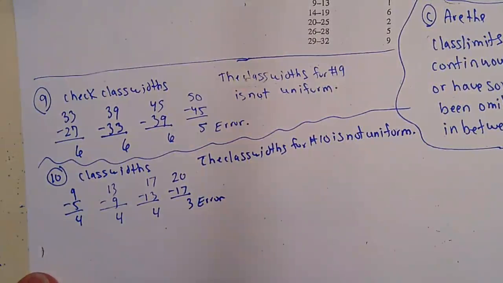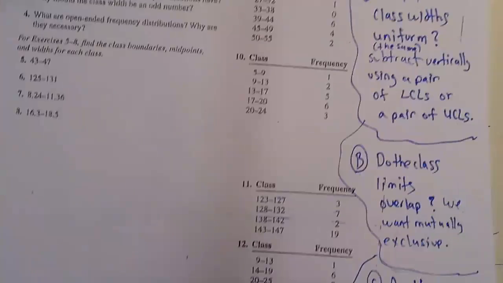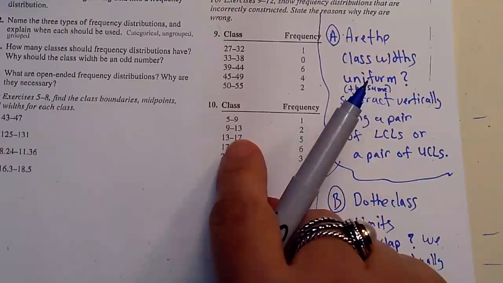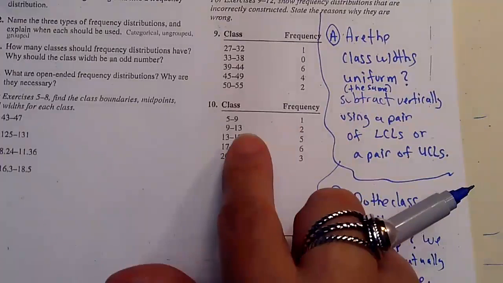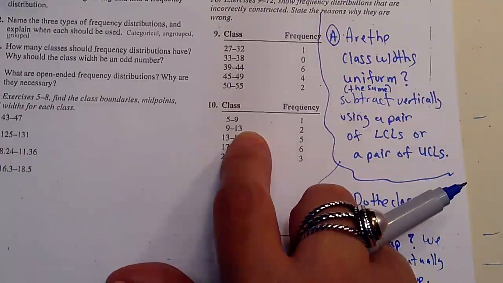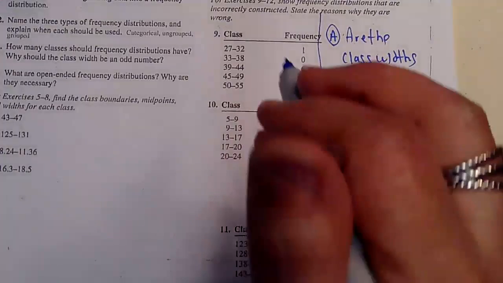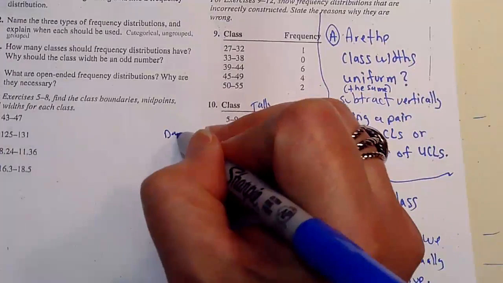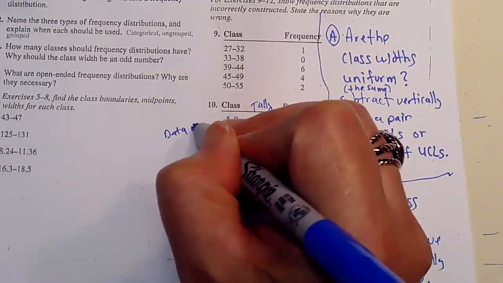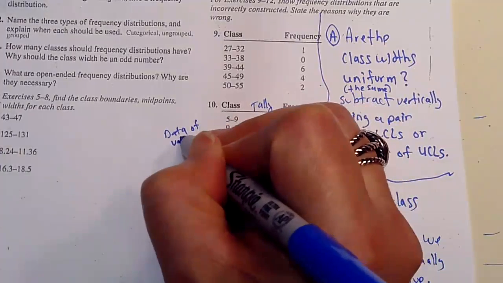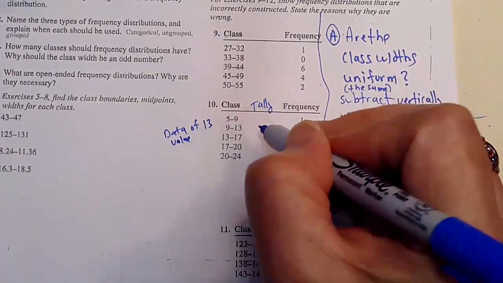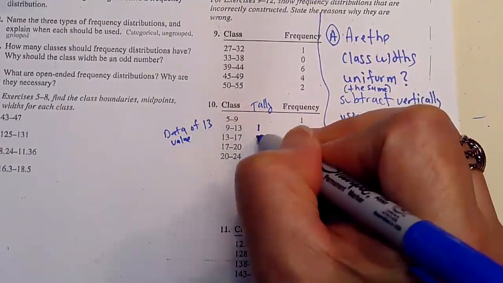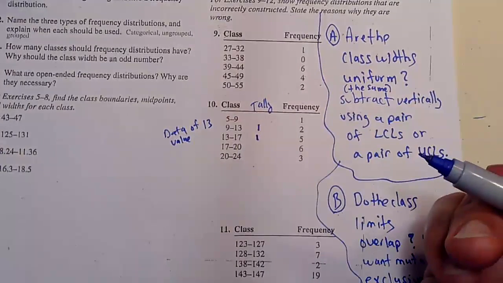Okay, now if I also look at other examples, is there anything else wrong with that one? It looks like the class limits overlap. See, if I had a data value of 13, I would have to put a tally here for that 13 and a tally there, and that wouldn't be correct, right?